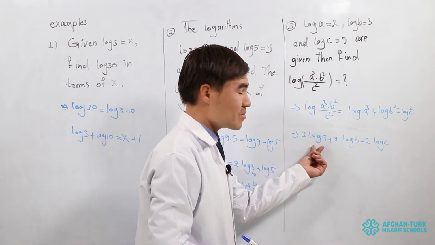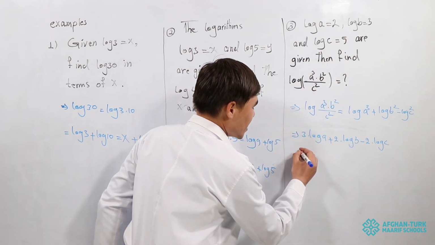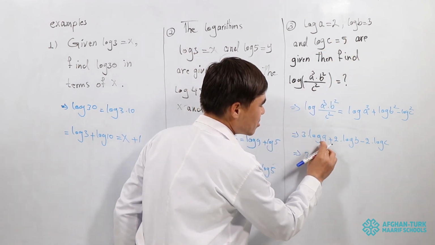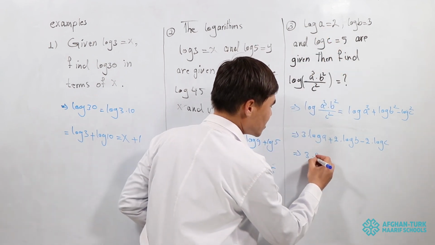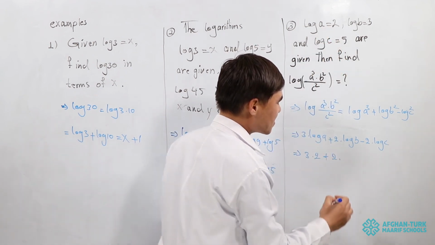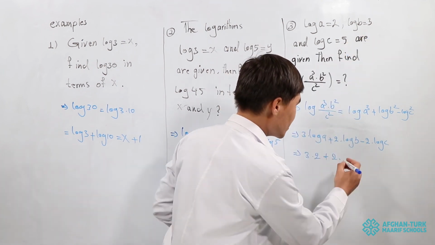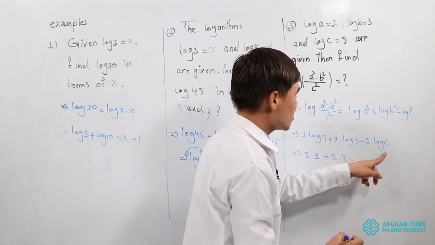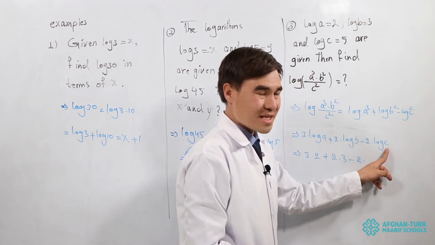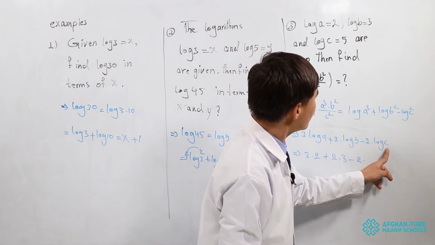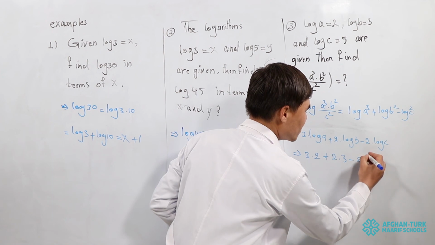And now we will substitute the values which have been given. Here 3 times log of a to base 10 is equal with number 2, plus 2 times log of b to base 10 is given as number 3, minus 2 times, instead of log of c to base 10 we can substitute log of c to base 10 is equal with the number 5.